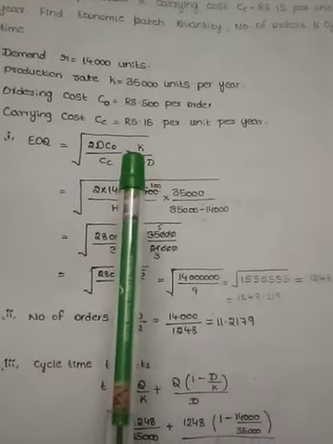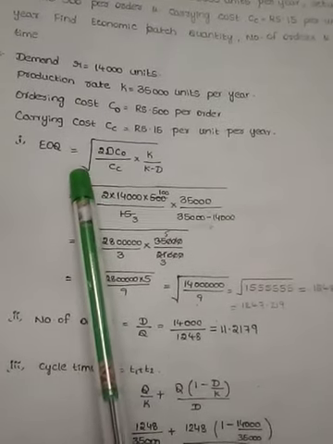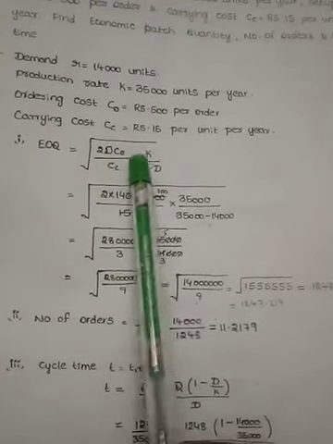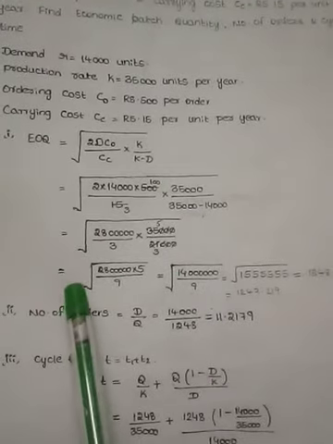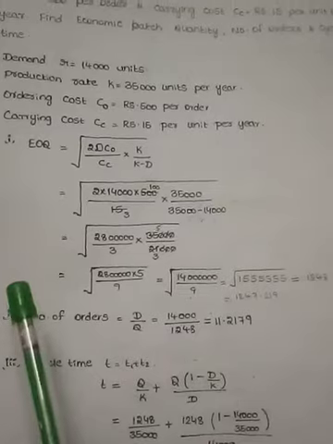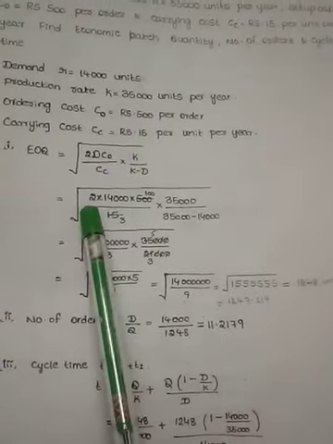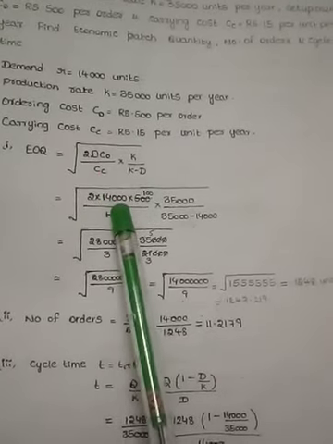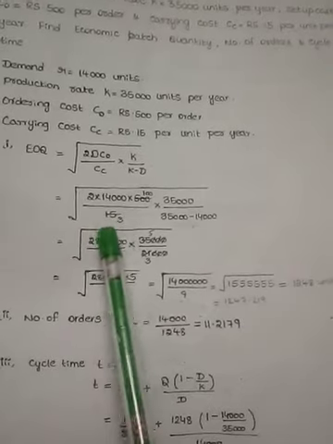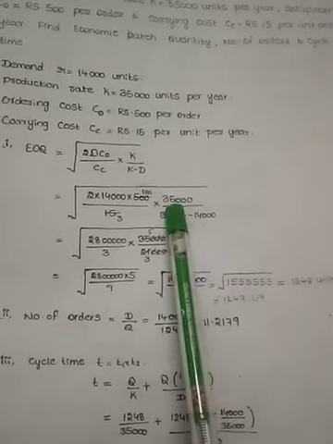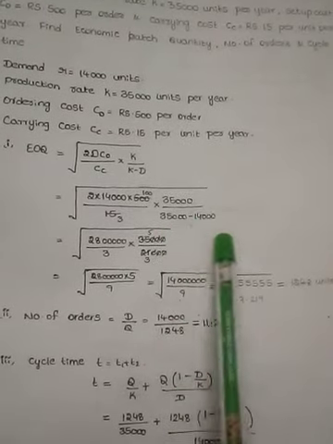The first one to solve is the EOQ, equal to root of 2 D C0 by Cc into K by K minus D. By substituting the values, equal to root of 2 into D 14,000 into C0 500 by Cc 15 into K value 35,000 by K value 35,000 minus D value 14,000.